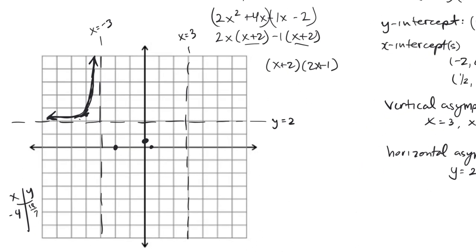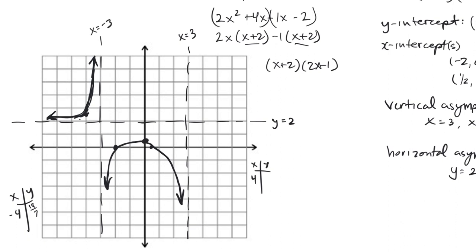Now in between x equals negative 3 and x equals positive 3, we actually have a pretty good idea because there's 3 points already given to us. That piece of the graph looks like that. So now we need to plot a point or two over here on this side where x equals like positive 4. Let's do a new table of values.